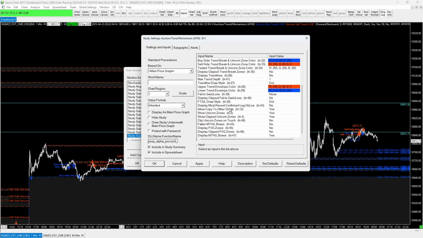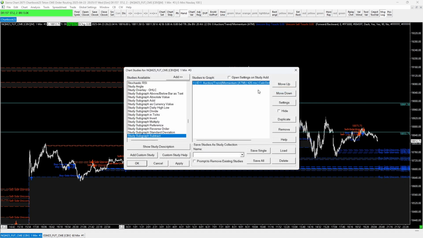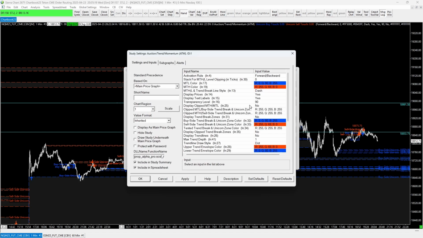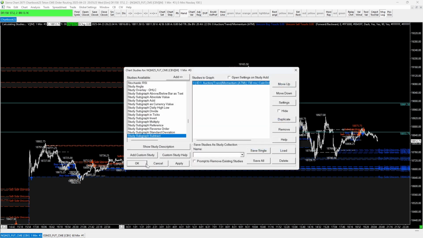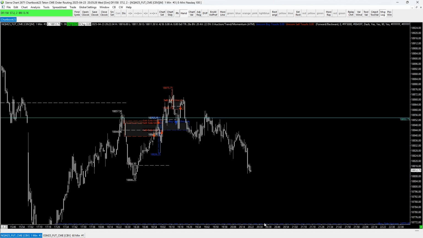So the unicorn zones again. I don't know if Vespa might actually know a little bit more about this than I do. But for those who aren't here, display clipped move to high, move to low will give you an indication of what's going on.